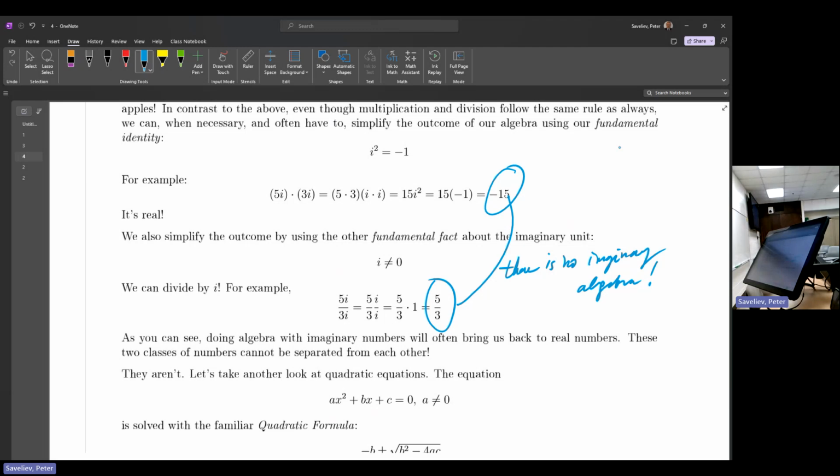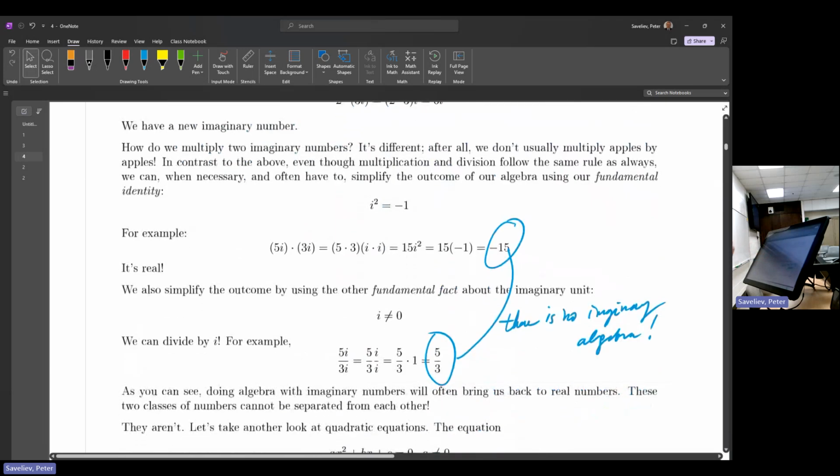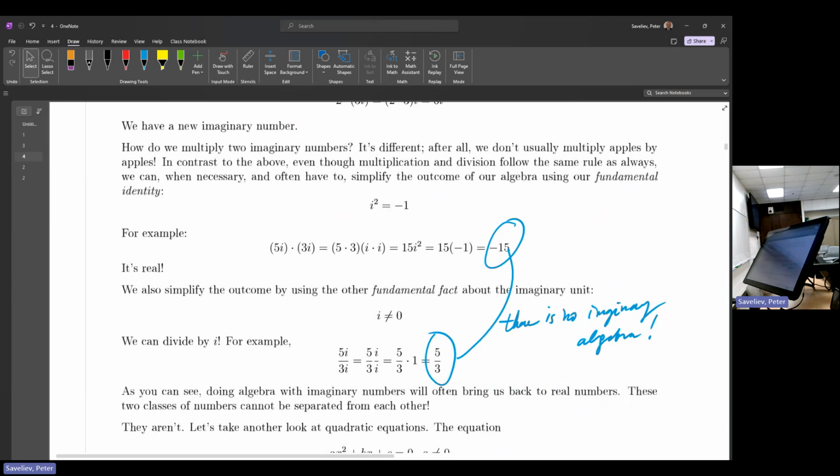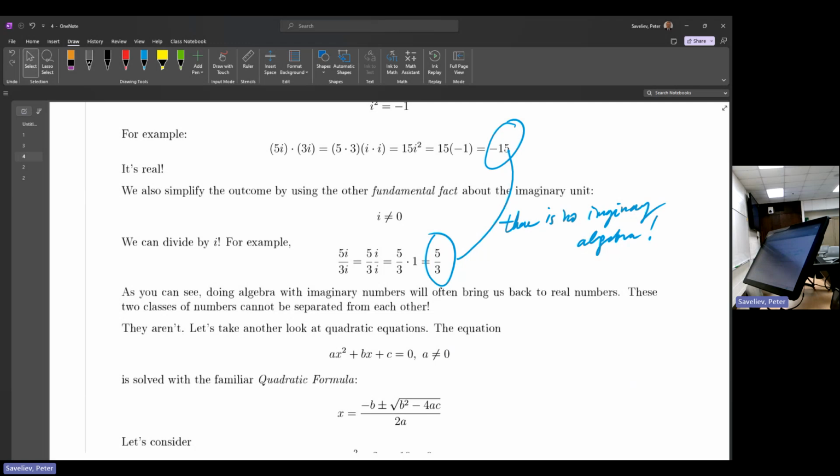Because when you start doing algebra, the usual one, the addition and subtraction are fine, but multiplication and division produce real numbers, which means that the only way for us to have a proper algebra is to actually combine them together. And that's what we call a complex number: combine real and imaginary numbers into one system, and then there would be no trouble going back and forth from real to complex and so on.